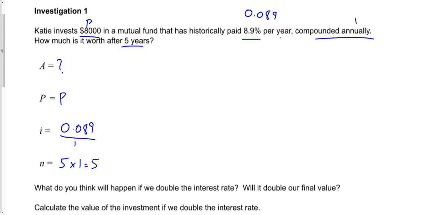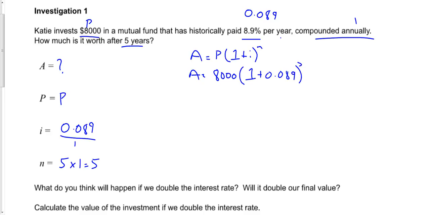So if we plug this into our compound interest formula, A is equal to P times (1 plus i) to the exponent n, I substitute in my values for the variables I know: 8,000 times (1 plus 0.089) to the exponent 5. I can simplify that by doing the addition inside of the brackets.